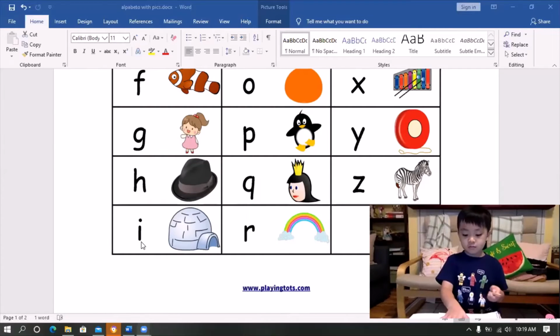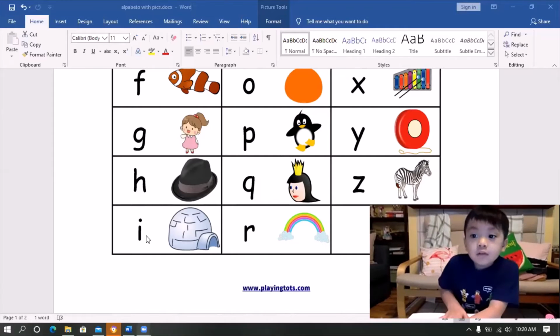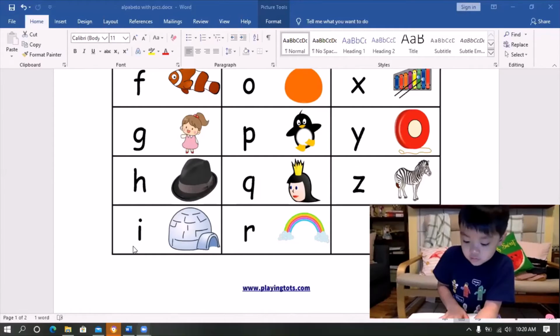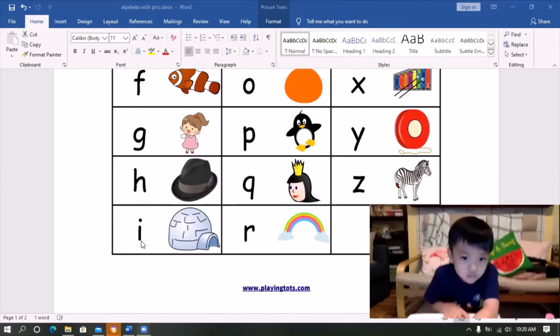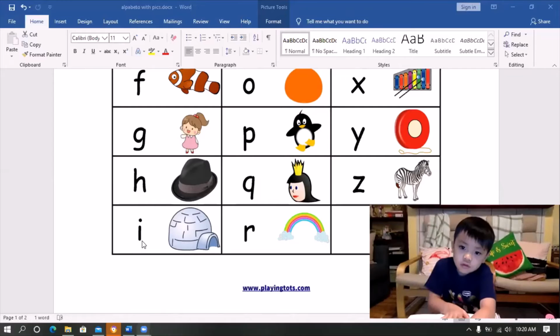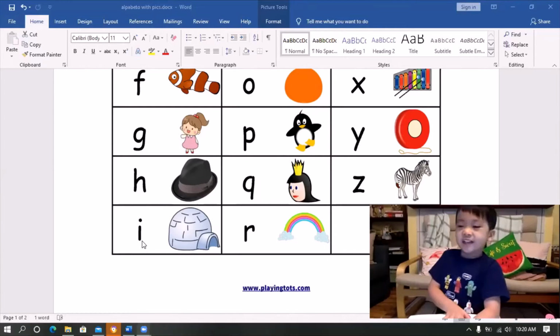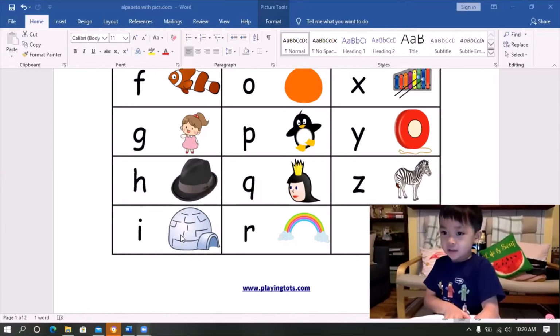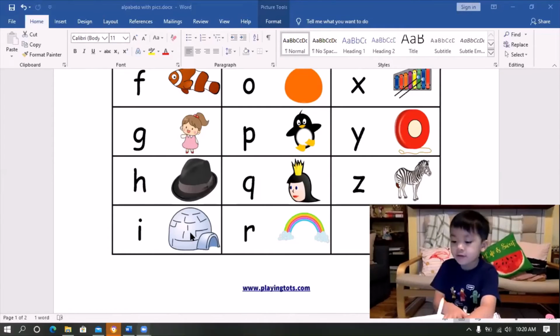What letter is this? Later we will draw your hand. We will draw candies. You listen first. What letter is this? I. I for?